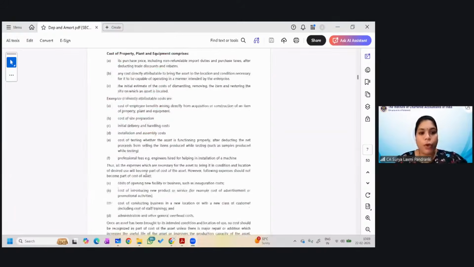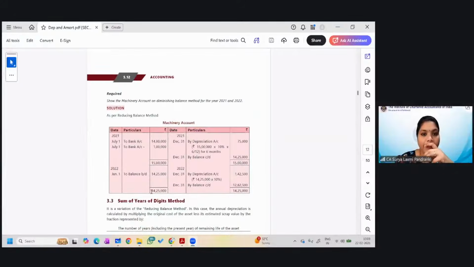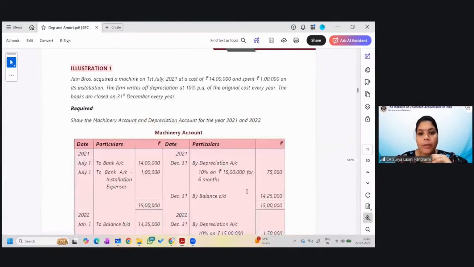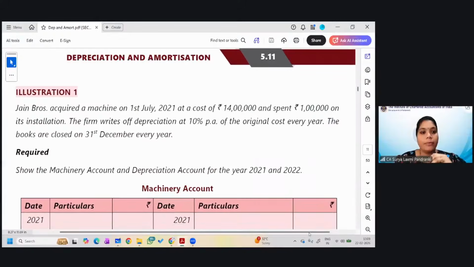At least let us do a few problems. Look at this question, first question. Illustration 1.